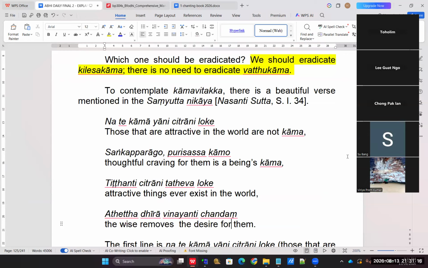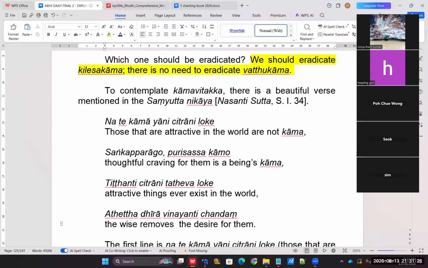Okay. You can read the poetry, yeah. Thank you. To contemplate Kama Vitakka, there is a beautiful verse mentioned in the Samyutta Nikaya, S134. Nate Kama Yani Chitrani Loke. Those that are attractive in the world are not Kama.